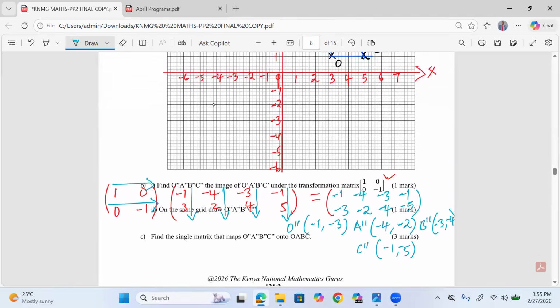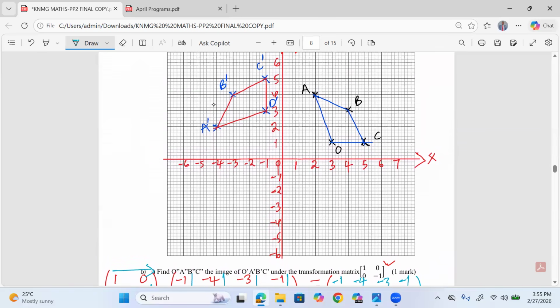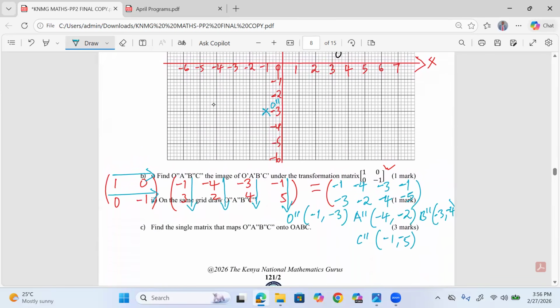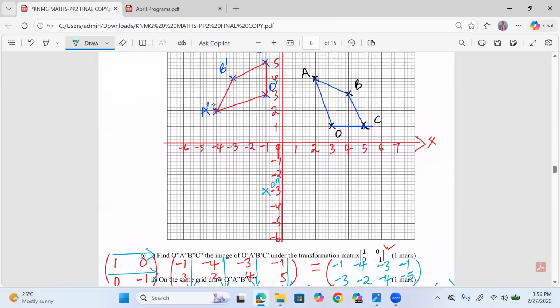So -1, -3, you plot. -1, -3 plotted. That becomes our O double prime. The other thing is -4, -2. -4, -2 shall be at this point. So this is our A double prime, like that.